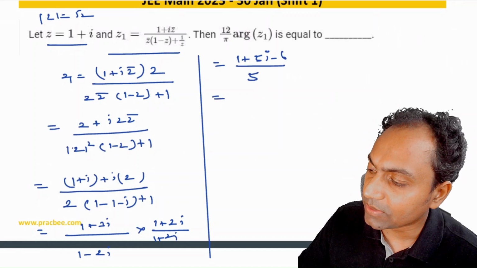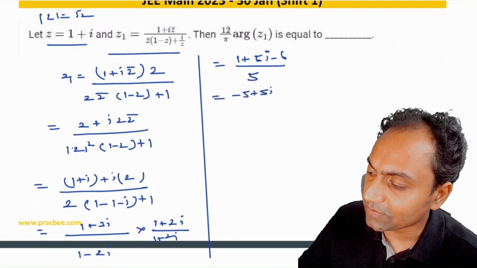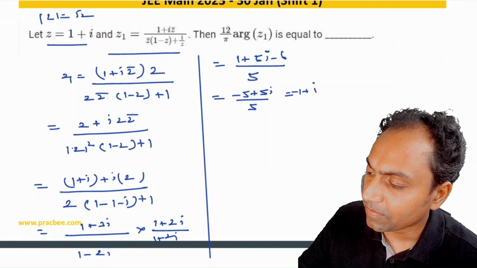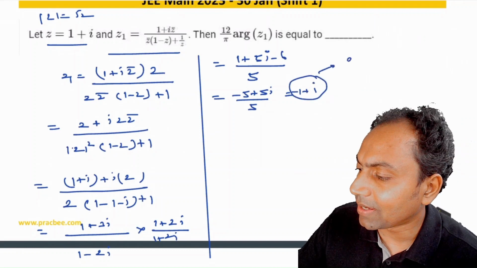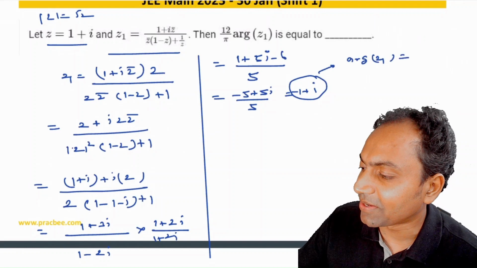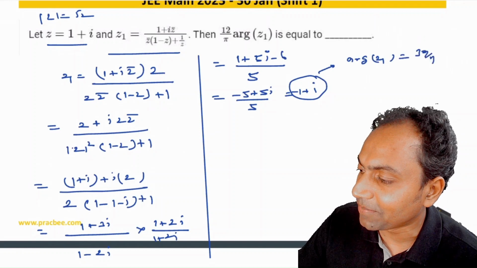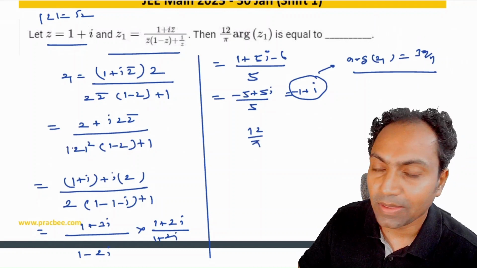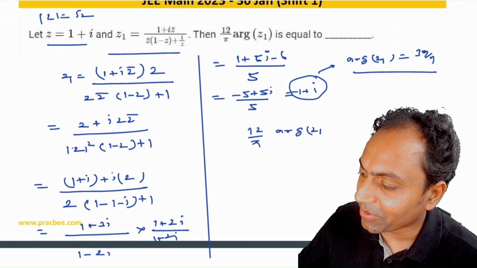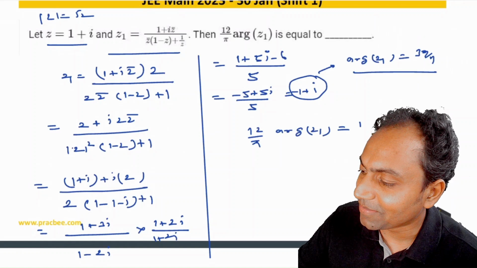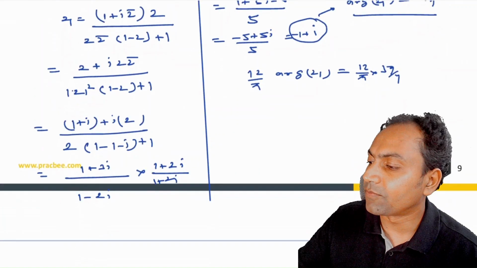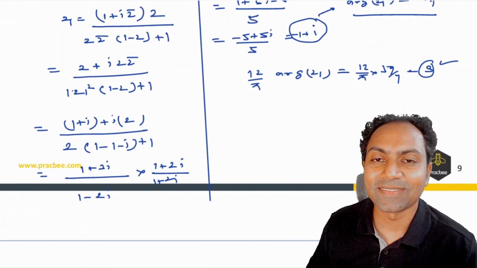So your answer becomes minus 5 plus 5i by 5, which is minus 1 plus i. And if you take the argument of z1, it comes out to be 3 pi by 4. And if I multiply this by 12 by pi and find 12 by pi into argument of z1, it comes out to be 12 by pi into 3 pi by 4, and that is equal to 9.